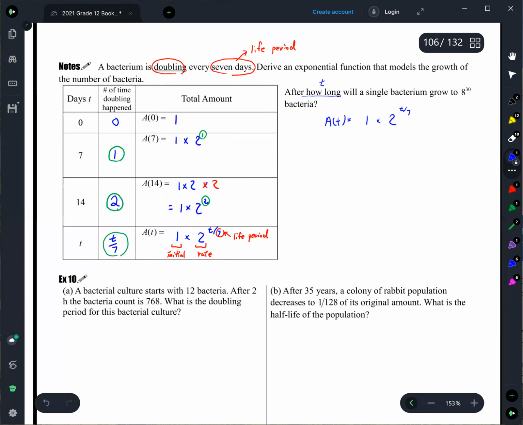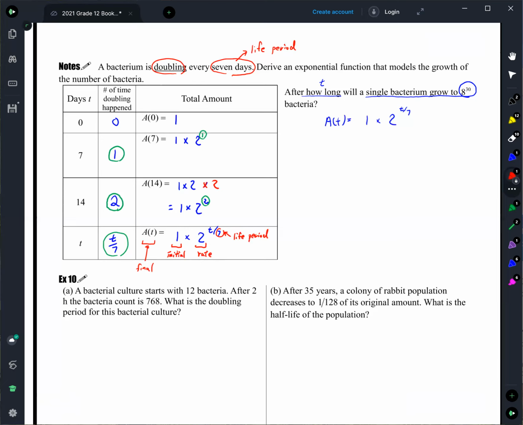How long it takes for a single bacterium to grow to this many bacteria. So this part, the A of t, maybe I should put here, and this will be your final amount, after t days.